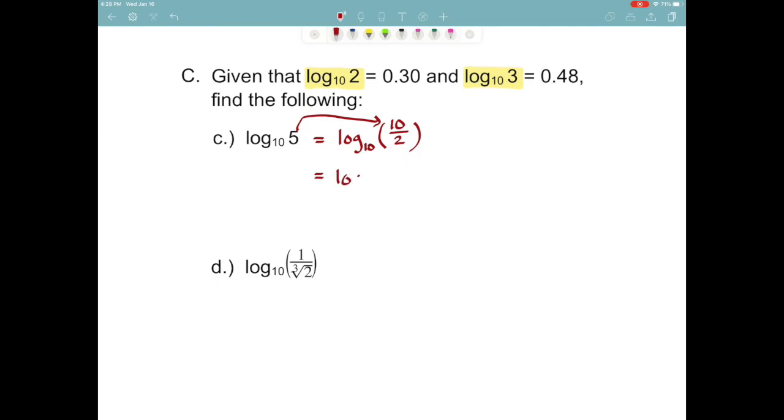Now we can use the quotient property as log base 10 of 10 minus log base 10 of 2. We can substitute in the values again. Log base 10 of 10 is 1 minus log base 10 of 2 is 0.30. So our answer is going to end up being 0.70.